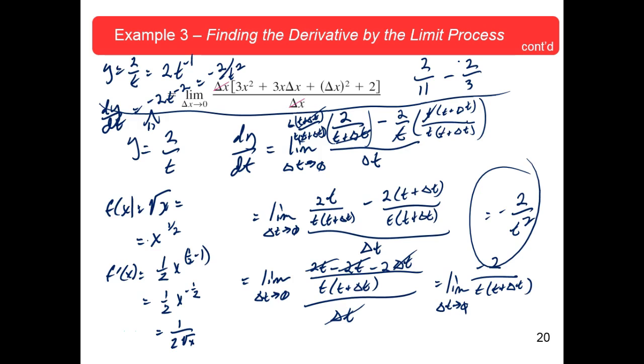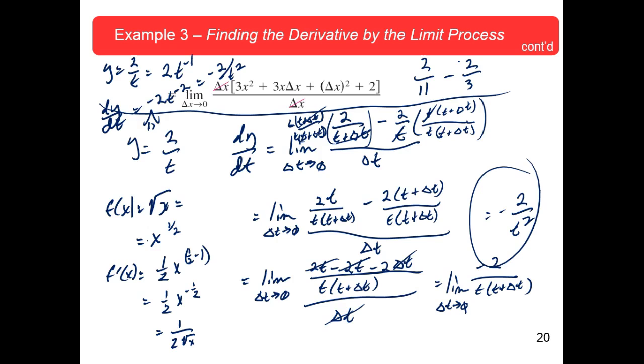What's this again? This one? I rewrote this. You got this part okay? Then to take a derivative of it, dy dt is the exponent times the coefficient. That would be a minus 2 times t to the, subtract 1 from this exponent, minus 1 is minus 2.